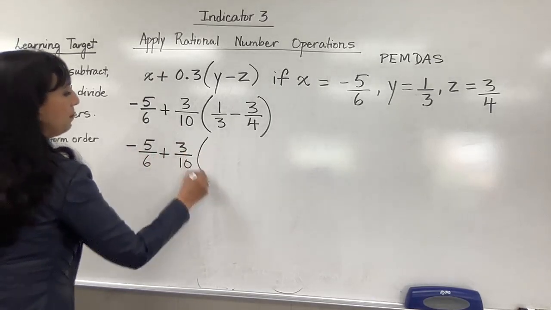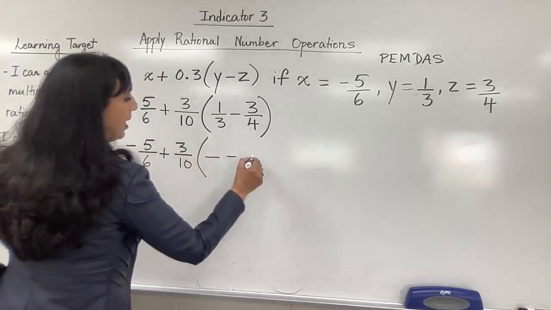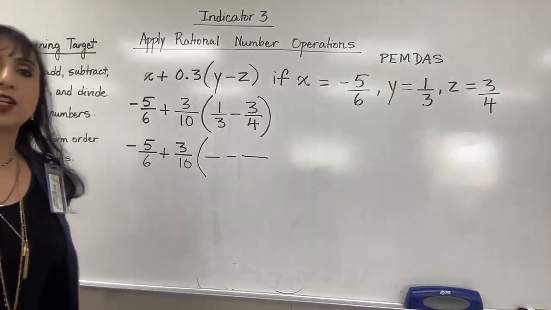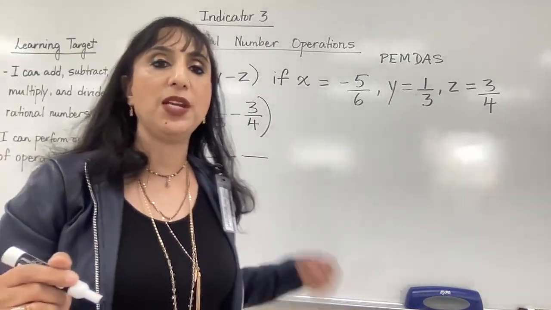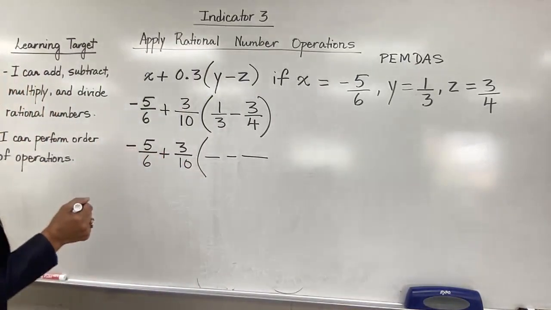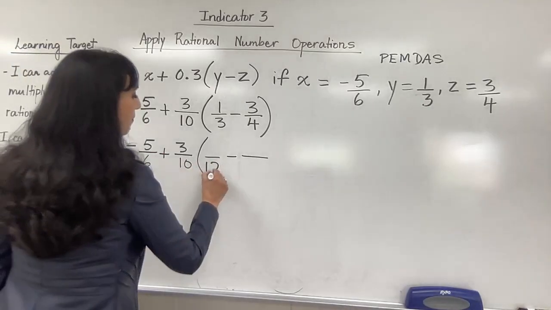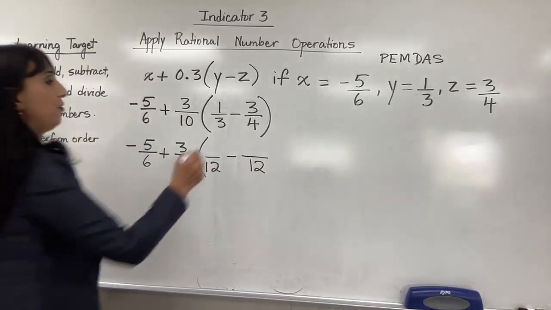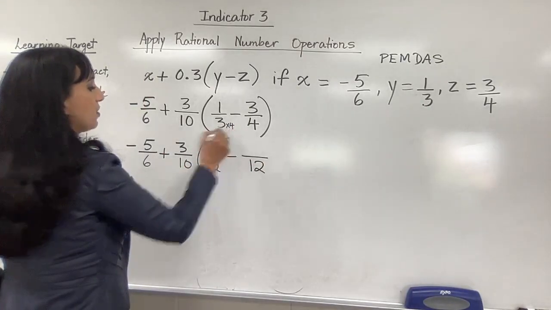Okay, and within parentheses I know that 3 and 4, the least common denominator is going to be 12. So I'm going to write 12 and 12. And I know that 3 times 4 gives me 12.